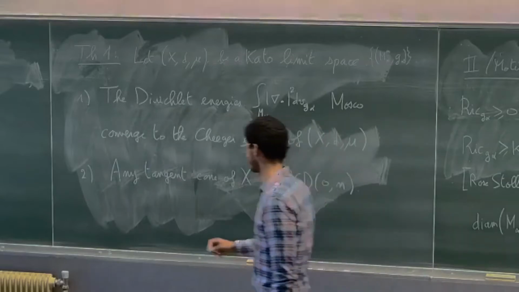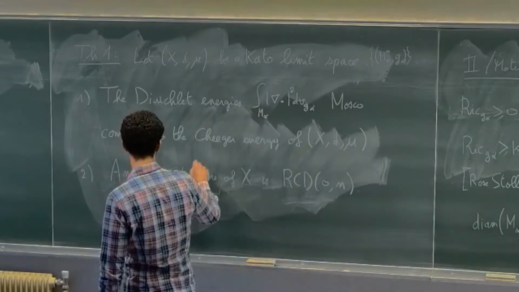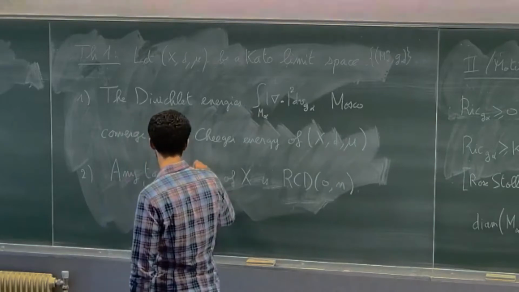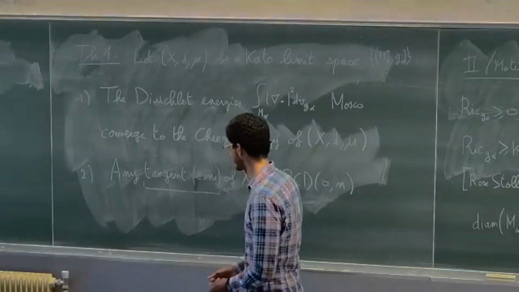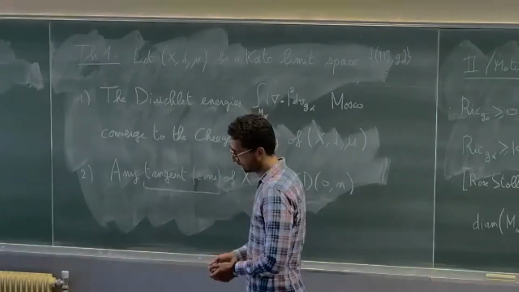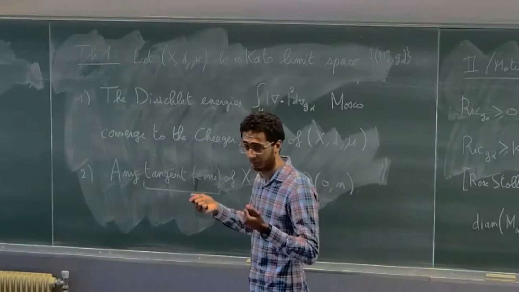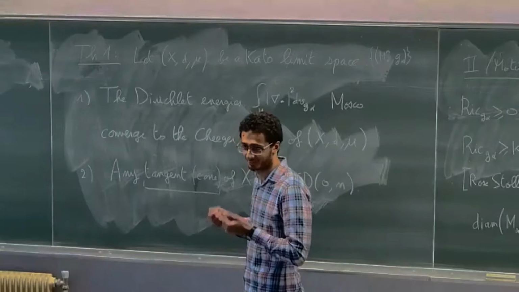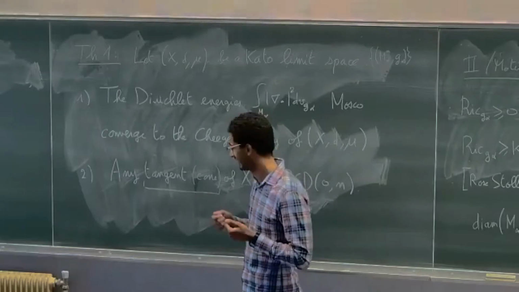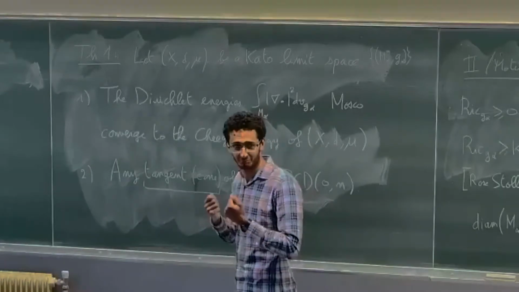Maybe I should just record that the terminology is a bit misleading, because tangent cones are replacements of the tangent space for doubling spaces, and so they are not always cones. And one of the interests in the study of limit spaces is to prove that they are real metric cones.